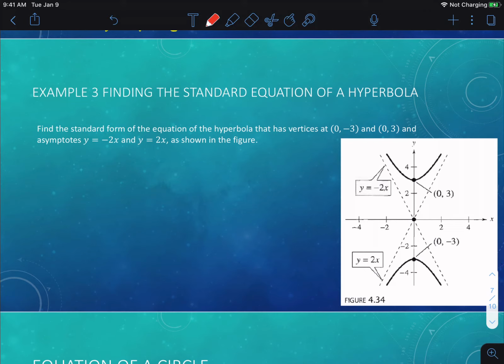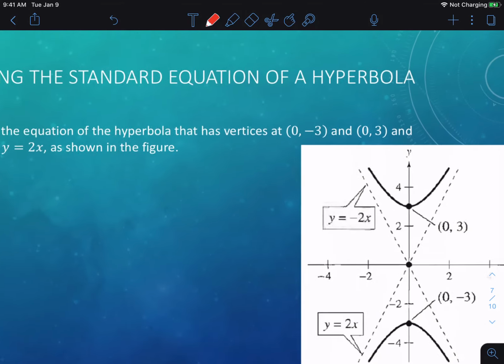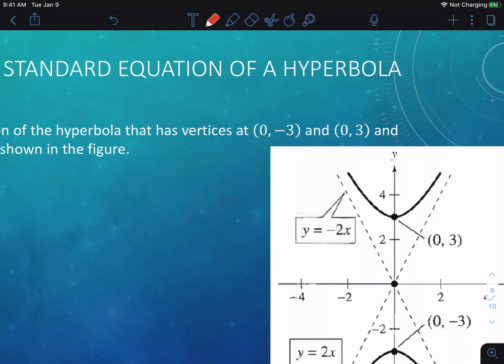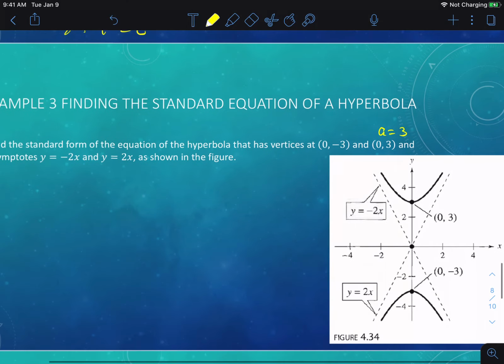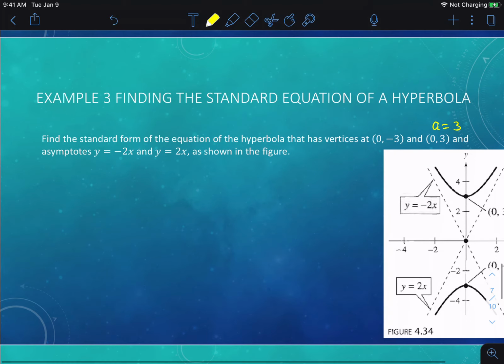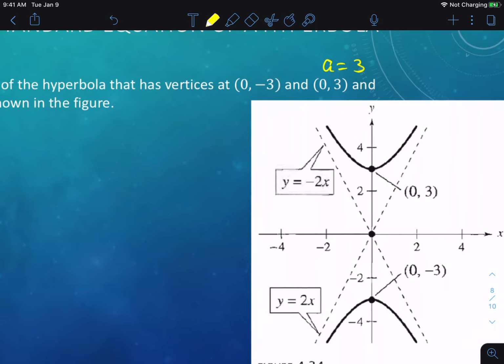So in example 3, we're going to find the standard equation of a hyperbola here. Find the standard form of the equation of the hyperbola that has vertices of (0, -3) and (0, 3). So I know that little a is going to equal 3. And my asymptotes are going to be y equals negative 2x and 2x as shown in the figure there.